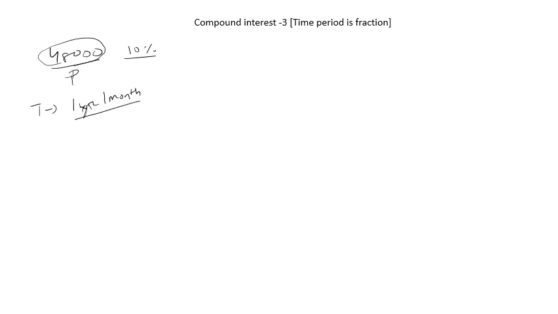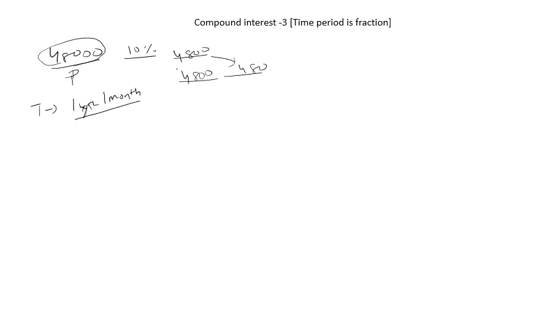Very simple. 10% is 1/10. 1/10 of 48,000, that is 4,800, isn't it? Now this is the first year's interest, but I am asking for the time period of 1 year 1 month, means 1 year complete, and the second year also I have to find. Second year is 10% of 48,000 means 4,800, and again 10% of 4,800, that is 480, right?